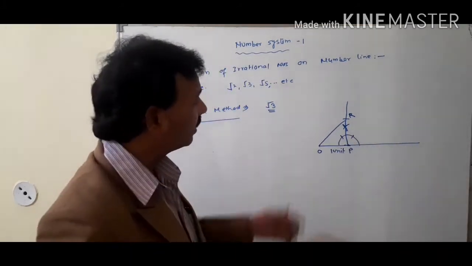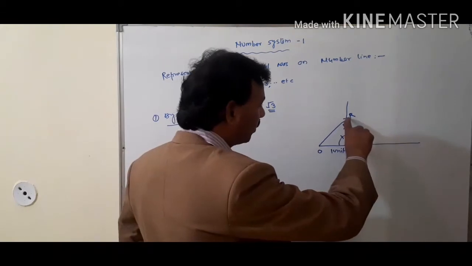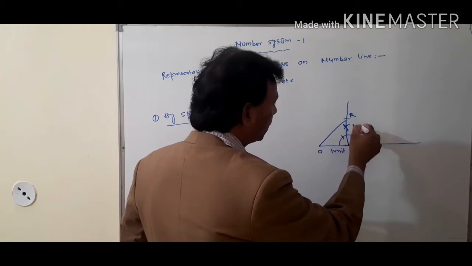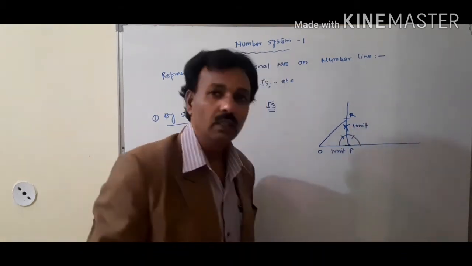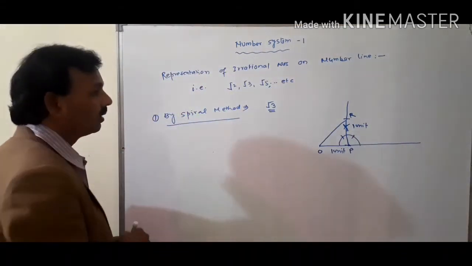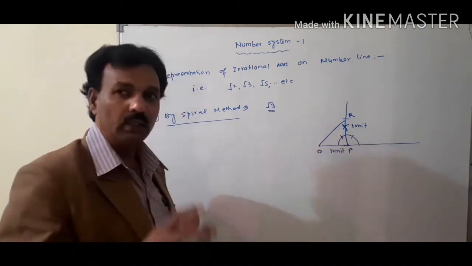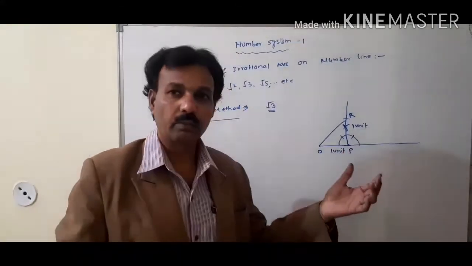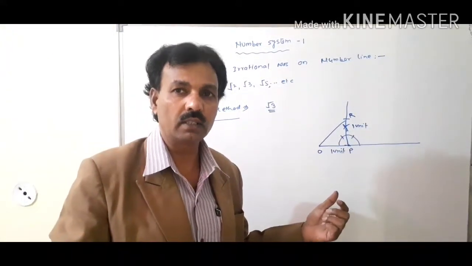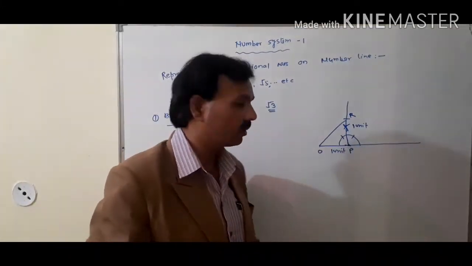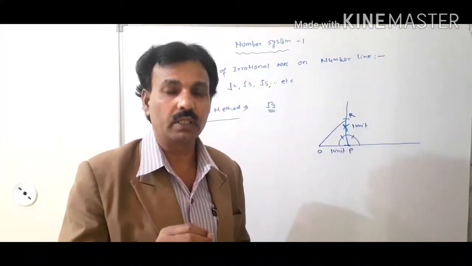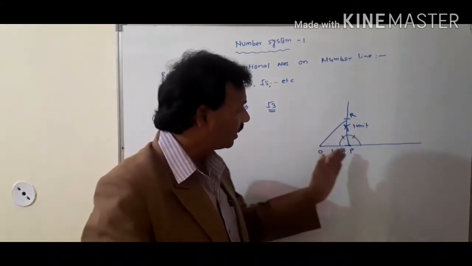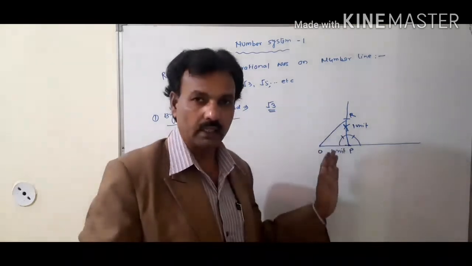Now in this figure, the length of PR is equal to OP, so PR will be 1 unit. Now you know the Pythagoras theorem. You have already heard this name. This is a concept regarding a right angle triangle.